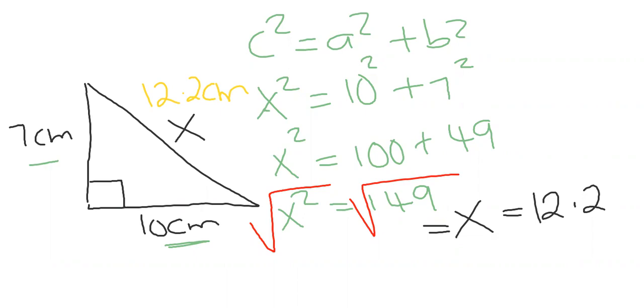I believe that's not that difficult. So let's take another example. Assume we have a triangle like this. It's still a right angle triangle. And this time, let's say you are given the value of your C, or the longest side of your triangle.